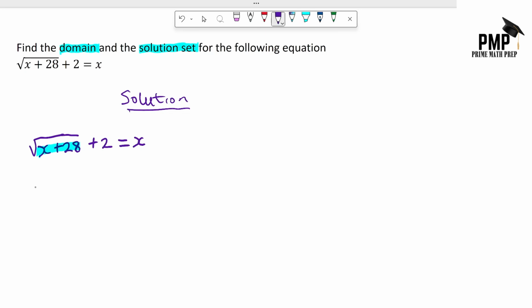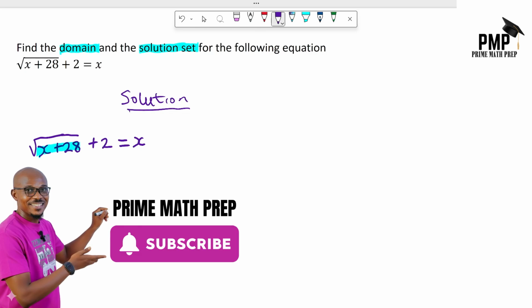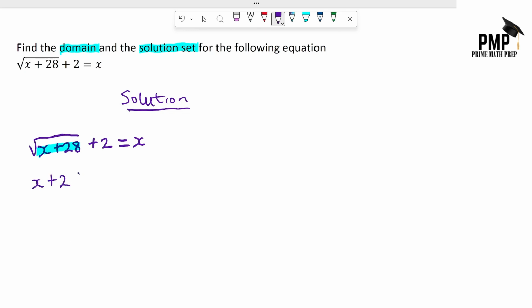And we know that a square root represents a real number. Therefore, to find the domain, the expression inside the root must satisfy x plus 28 greater or equal to 0.